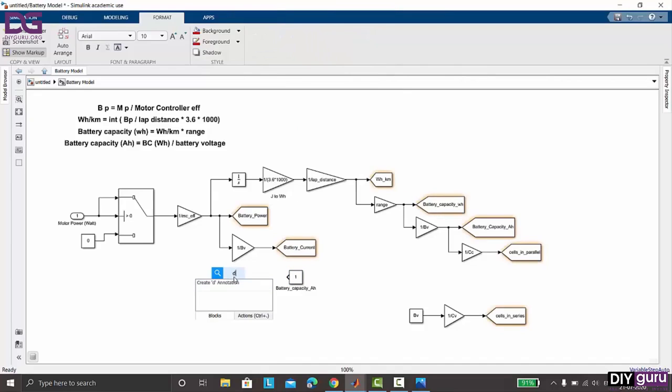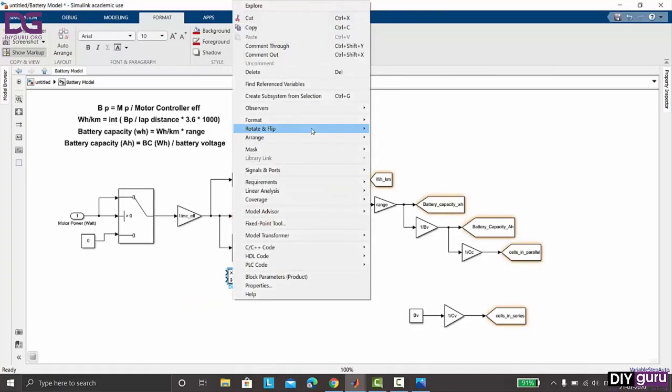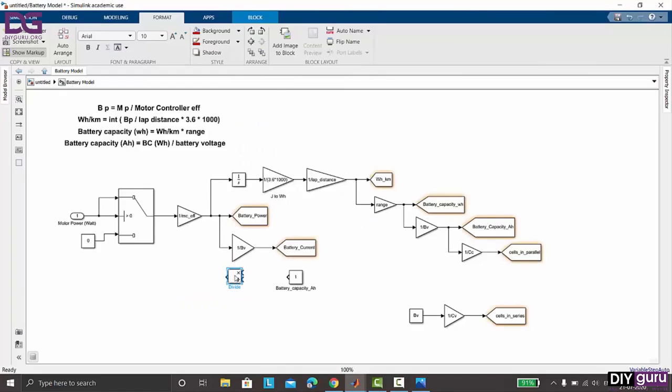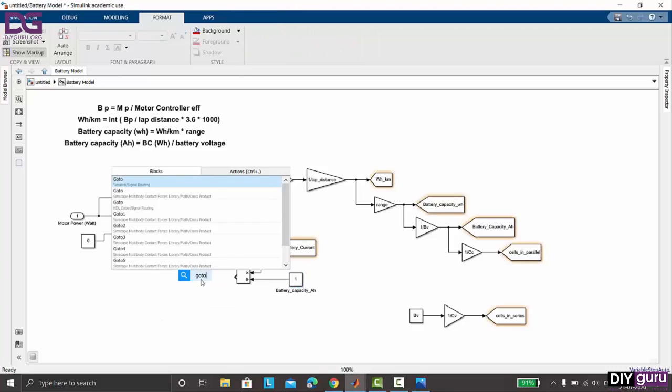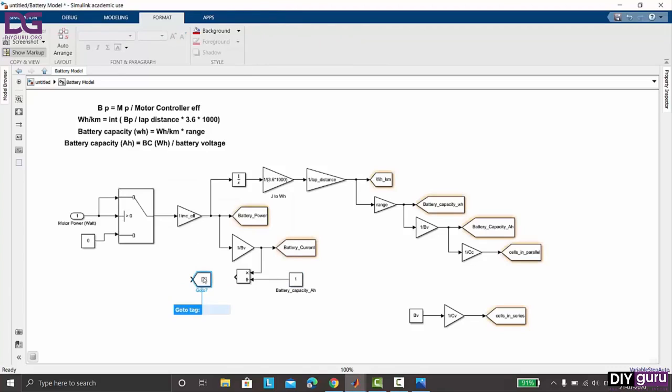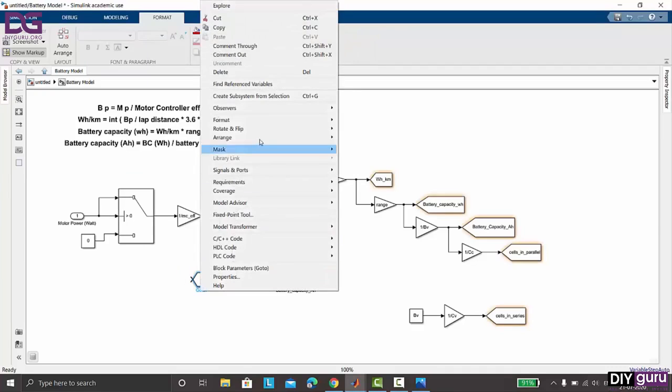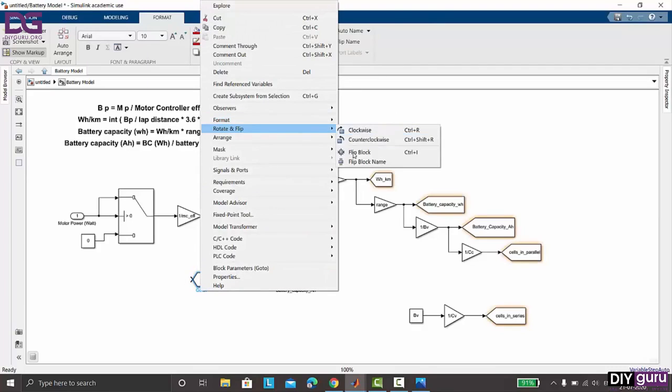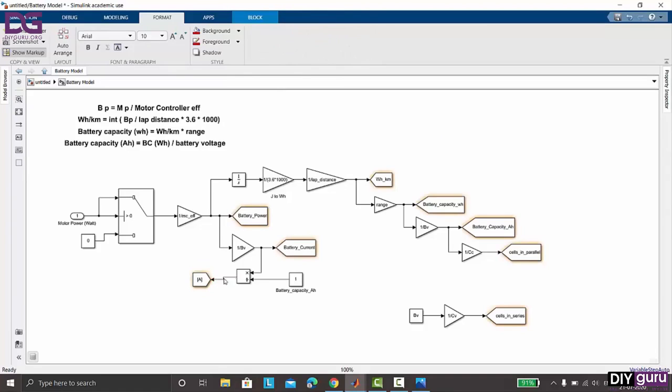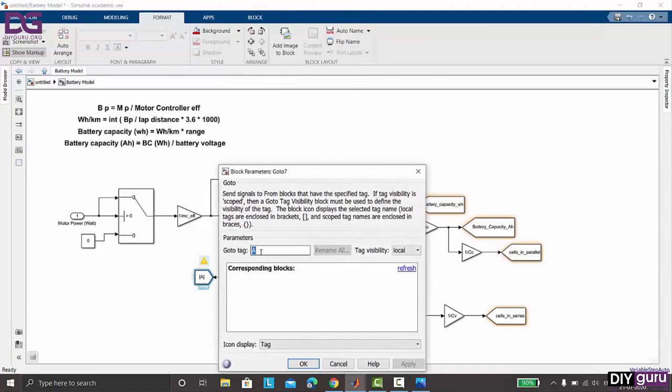So just flip the block and add one divide block again, flip this block and connect the input. The multiplication port will be connected to the battery current as it has to be divided by battery capacity in ampere hours. Add one go to block to estimate the battery C rate. Again flip this block, connect it. And this is the battery C rate.